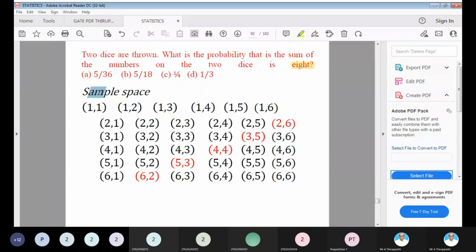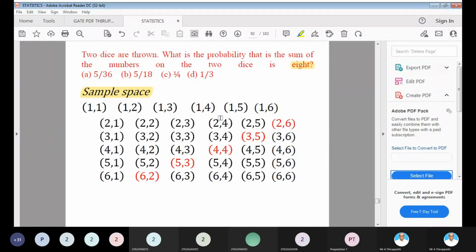First, write the sample space. The sample space is 1,1; 1,2; 1,3; 1,4; 1,5; 1,6. Similarly, 2,1; 2,2; 2,3; 2,4; 2,5; 2,6; 3,1, like that, up to 6,6.